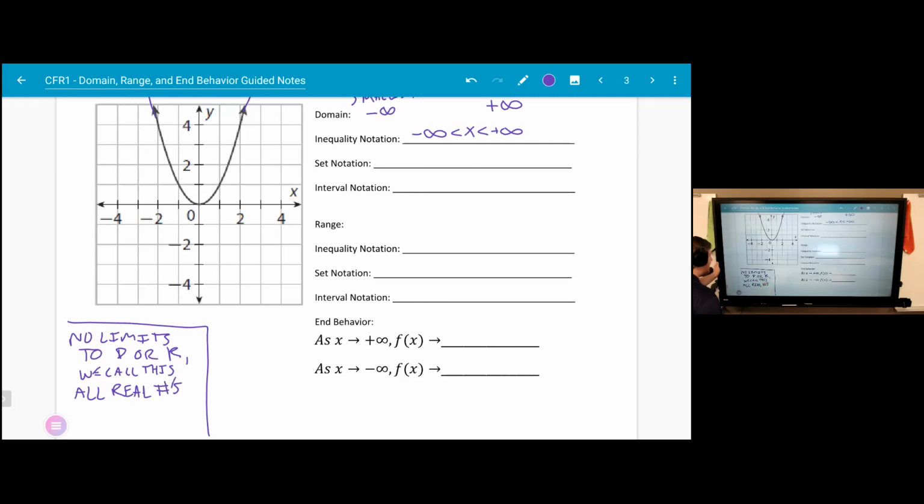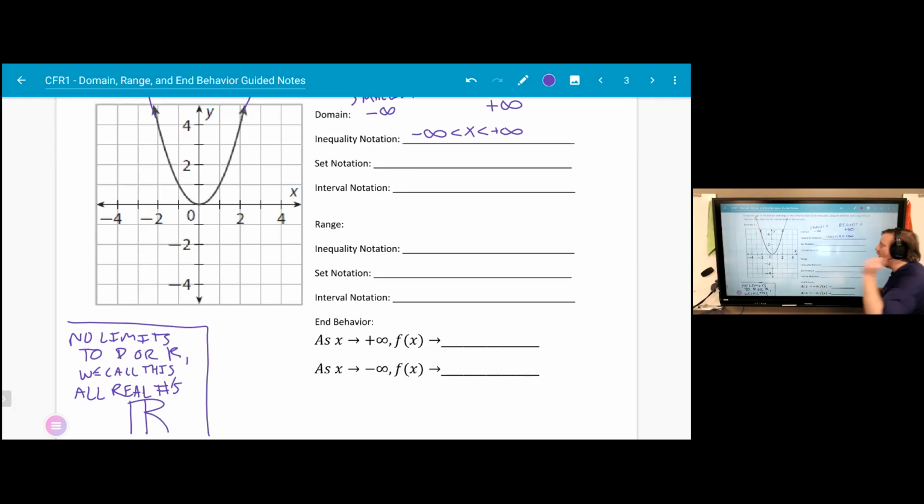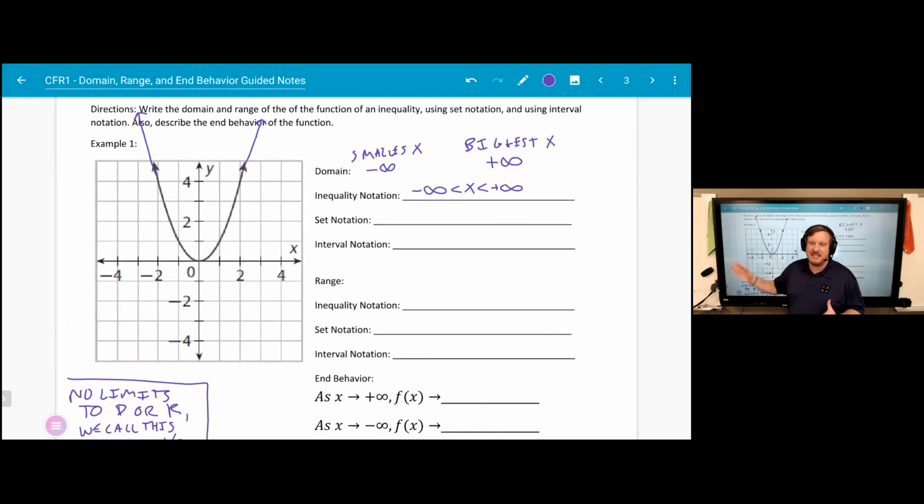And we have a symbol for this. That's this right here. This is all real numbers. There's not a real number that doesn't exist in this graph for the domain. I can plug in any real number in X and get a Y value.